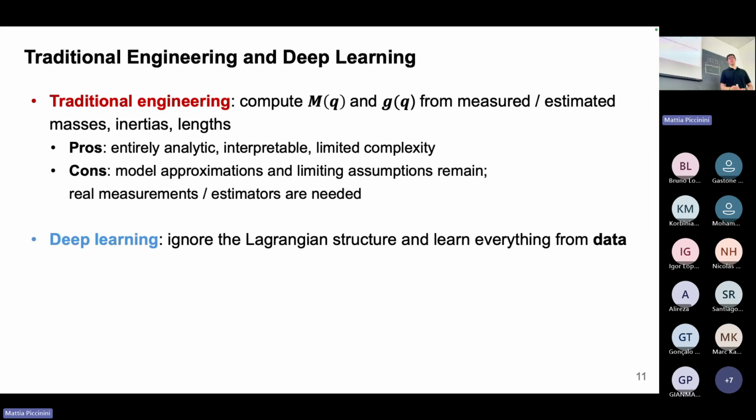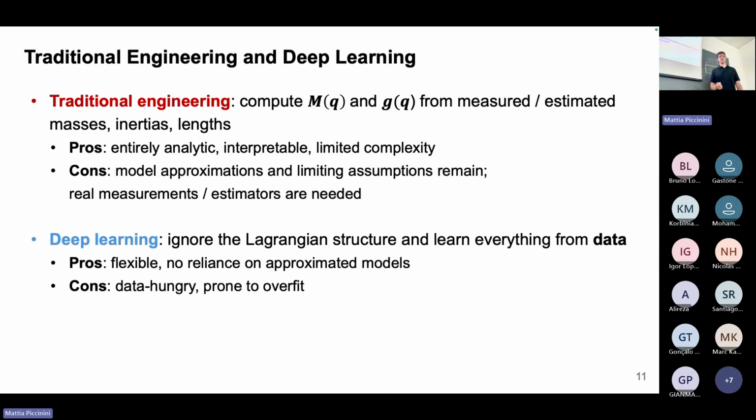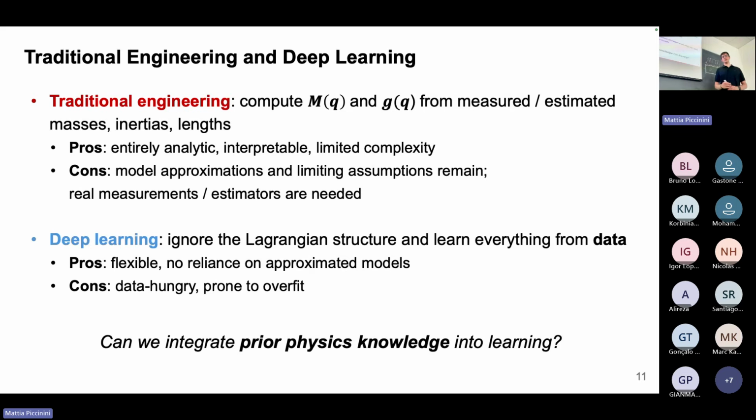On the other hand, deep learning says, who cares about the Lagrangian? We learn everything from data, and it can work. You forget about the Lagrangian. It's flexible, with no reliance on physics or approximated models. But as we said, you need a lot of data, and then you can hope to generalize.